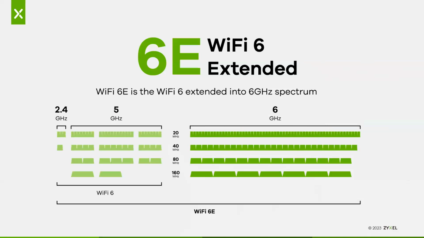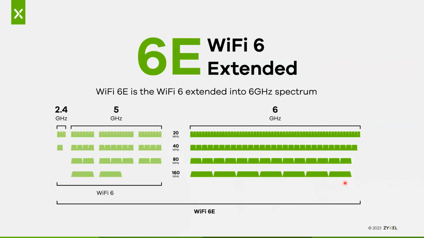So just to show you here, the main benefit of 6 gigahertz is how much available spectrum is available. As you can see here, 6 gigahertz has more available bandwidth than 2.4 and 5 gigahertz combined. So we were talking about before 160 megahertz channels. As you can see here with 5 gigahertz, you've only got 2 available that everybody has to share.